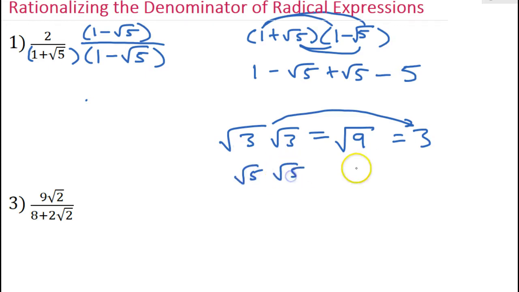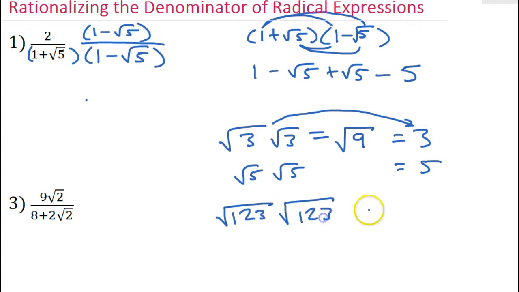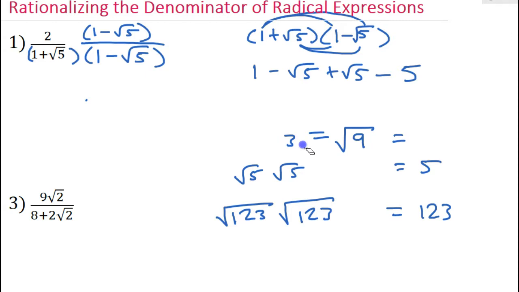Radical 5 times radical 5 is 5. That's what we ran into right then. What if I had radical, let's say 123 times radical 123? That would just be 123. Okay, so that's a good skill to have.